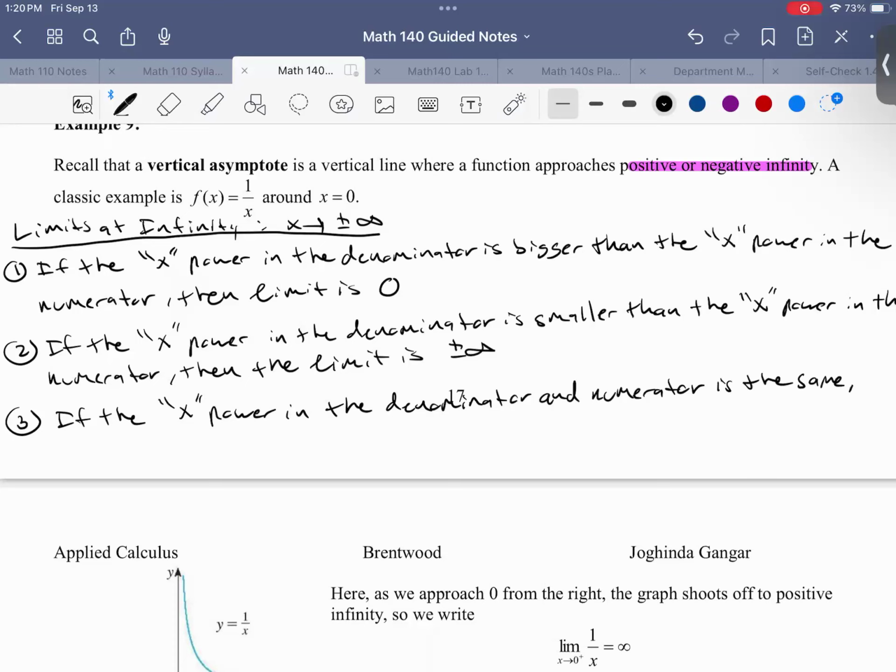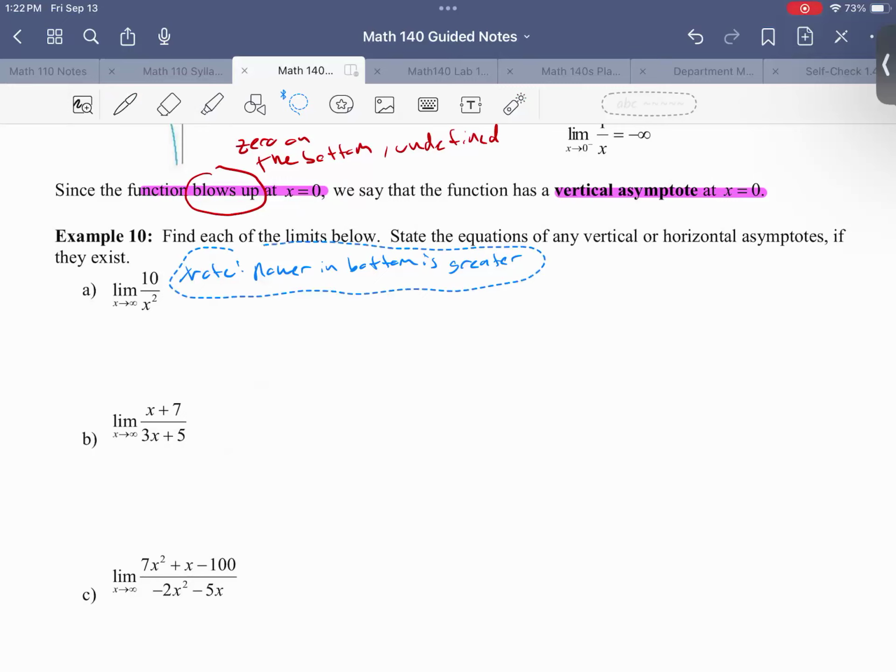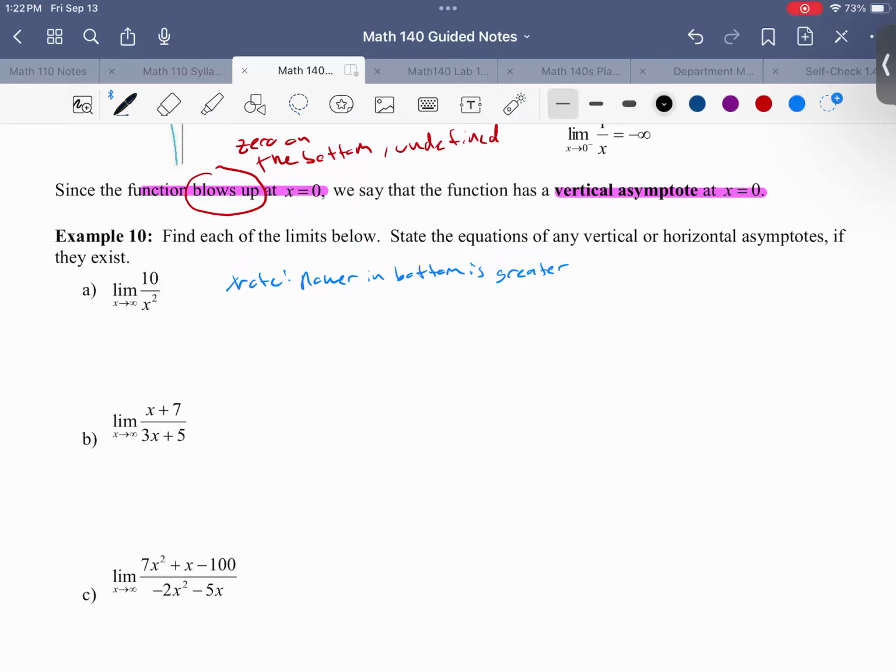So I'll just make a little note, note: power in bottom is greater. So I'll say the limit of this thing just equals 0 because power in the bottom is greater. Quick, right? Quick answer.